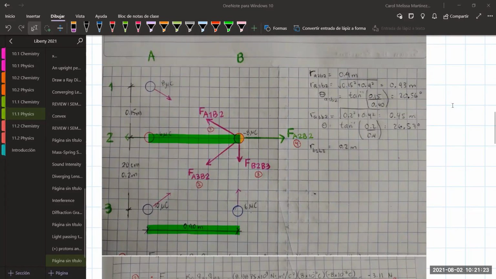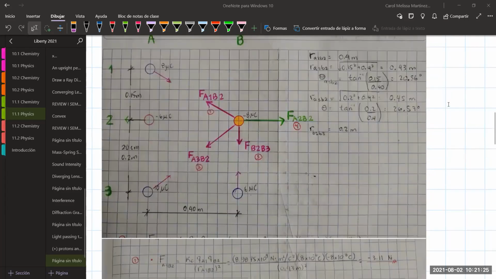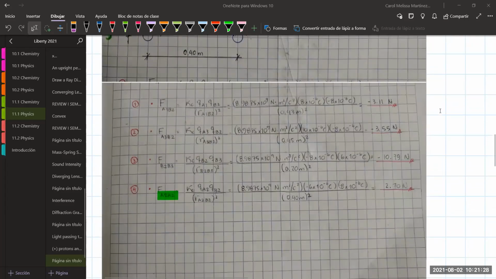So you will use all this information in the calculation of the last of the forces. So you have -6, -8 microcoulombs, the distance of 0.40 meters, and of course Kc. In the end, the answer I obtained was 2.70 newtons.